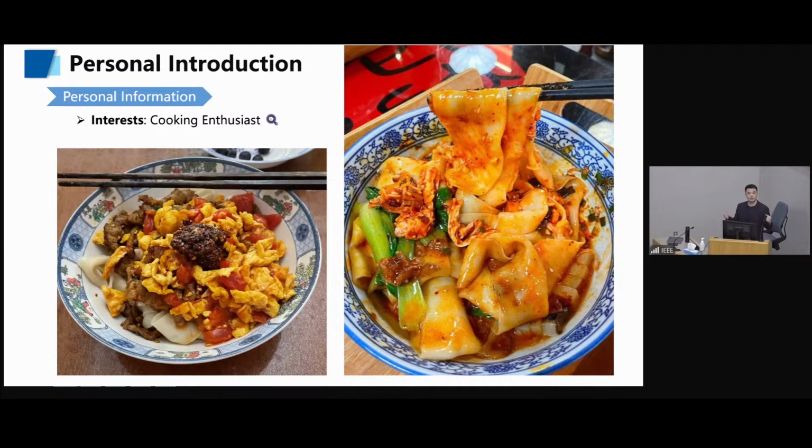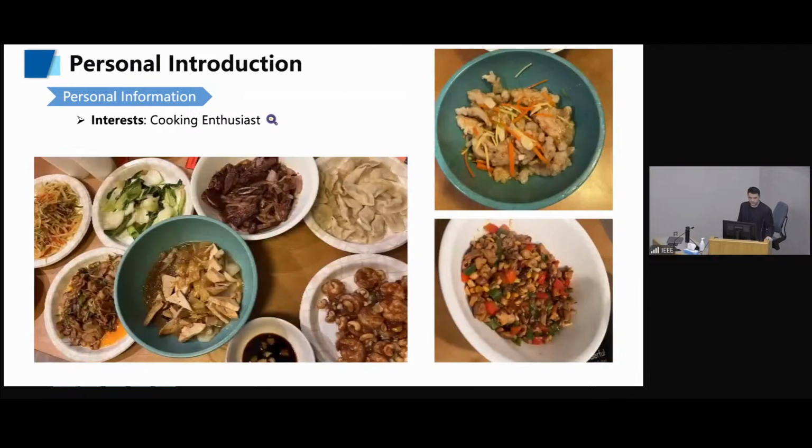So it would not only satisfy your stomach, but also your soul. Since I joined Mayo Clinic, I frequently cook various Chinese dishes, not only to survive the cold winter of Minnesota, but also to bring a taste of home to Rochester. So if anyone is interested, I would be more than happy to share my recipes.